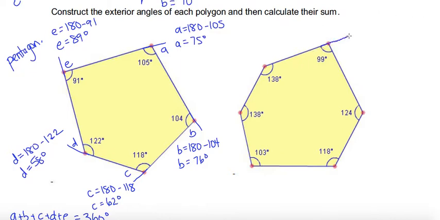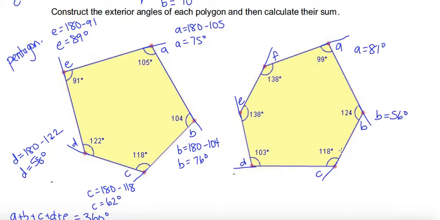So I'm going to extend my lines to create my exterior angles. This one's A, B, C, D, E, and F. So A is 180, take away 99, which is 81 degrees. B is 180, take away 124, so that's 56 degrees.